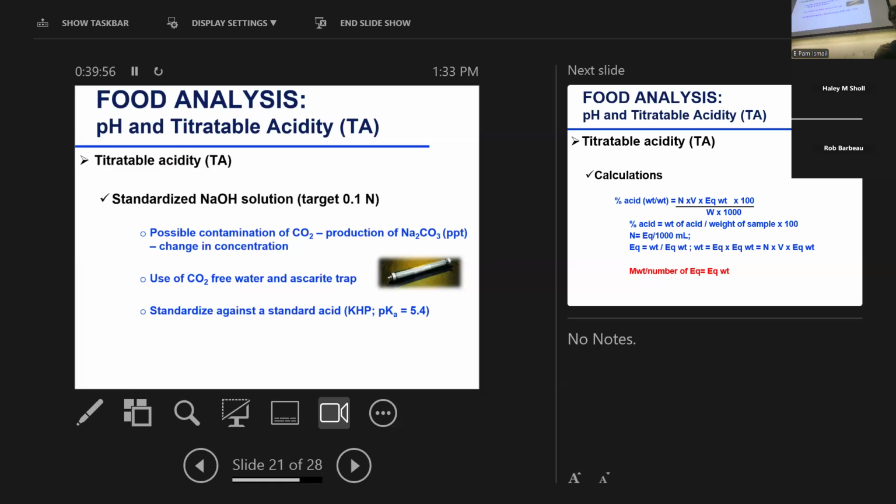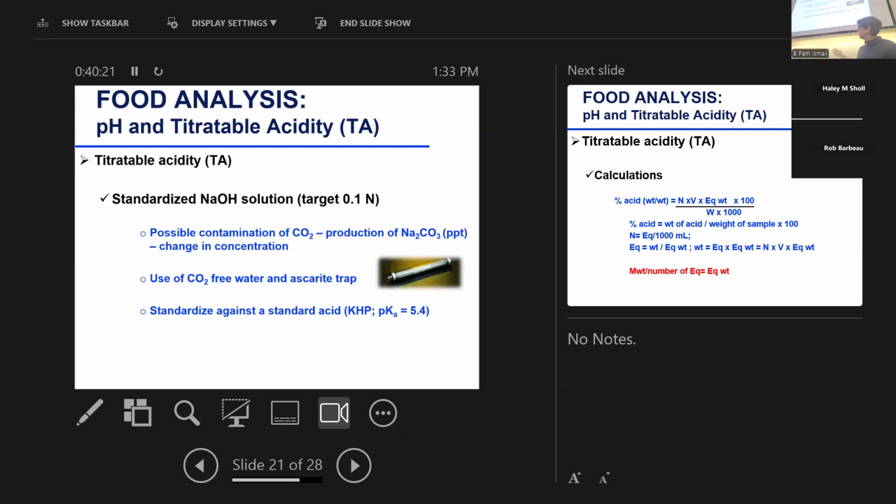So any CO2 on the surface above that water will be absorbed by the NaOH in that Ascarite trap, and the water will be free of CO2. So you're going to practice using this water, and then also you're going to see the impact of having CO2 in your sample and how you're going to over titrate.